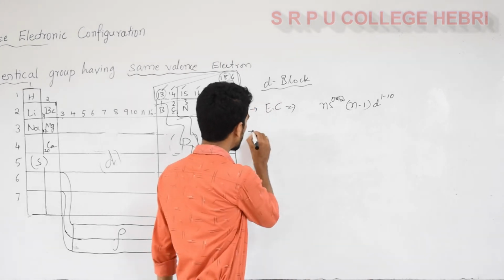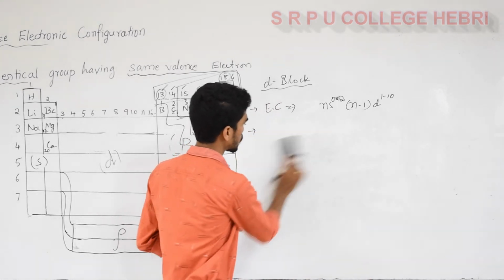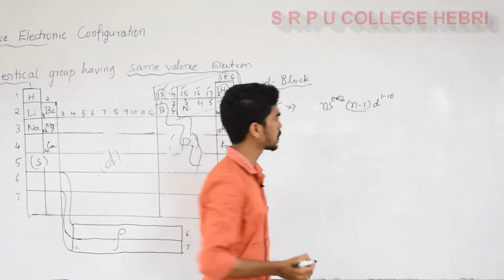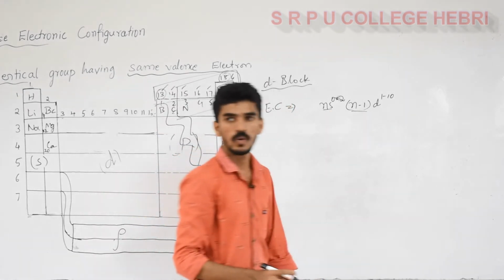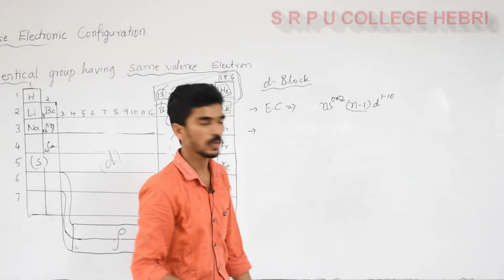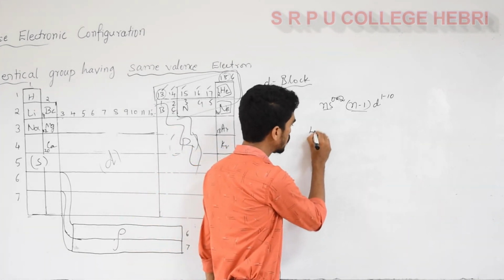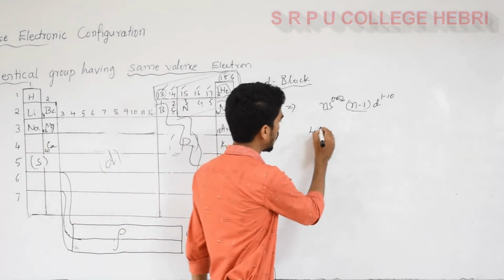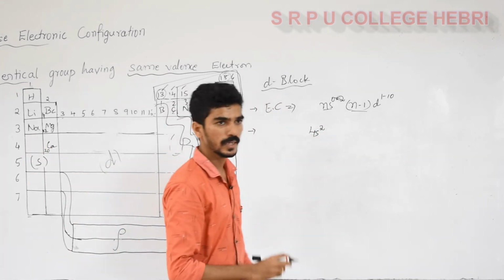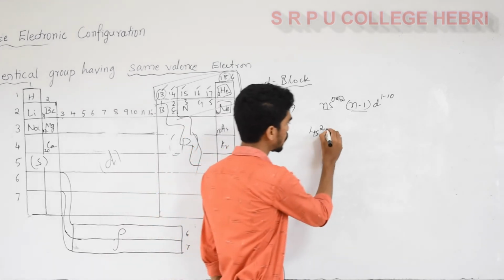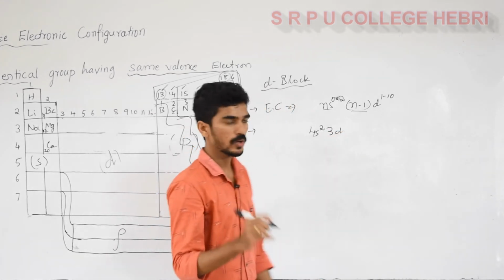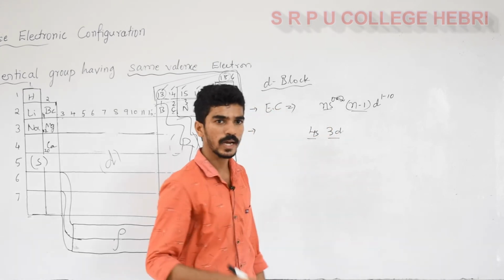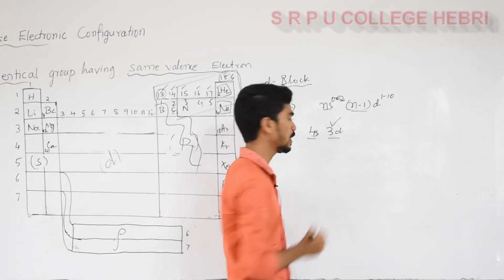Okay, and next, oxidation state. n is 0 to 2, (n minus 1) d 1 to 10. If you consider the fourth period element, n is 4 and the d block element should be 3d. I already told you 4s and 3d, compare these two, which has the highest energy? 3d has the highest energy.